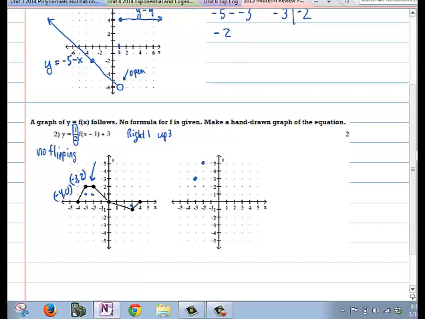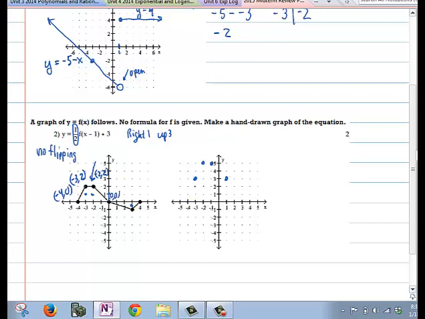Then I'm going to go with the next point. This is -2, 2. I'm going to go right 1, up 3. So that'll put me at that point. And then I have my coordinate at 0, 0, which is going to move right 1, up 3. So that'll put me there.